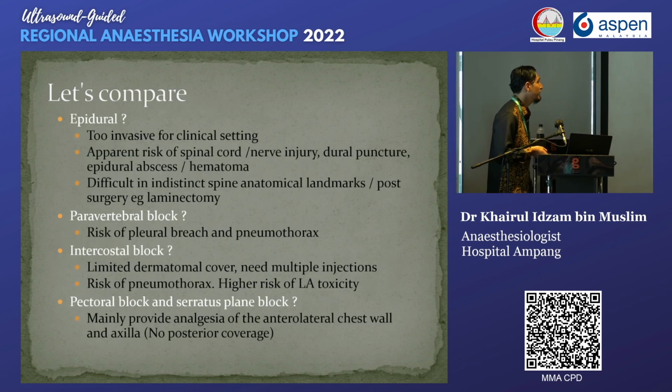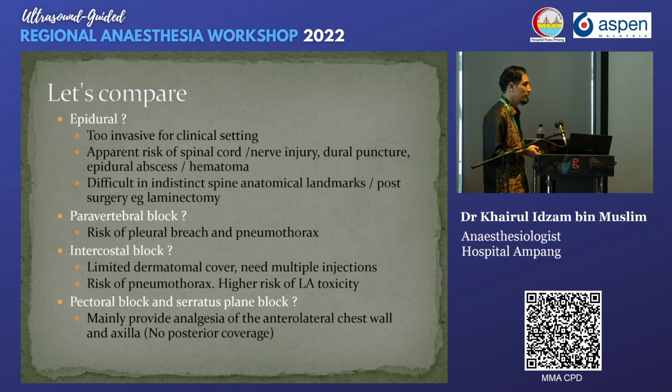So let's compare. Epidural is too invasive for this clinical setting, with apparent risk of spinal cord nerve injury, dural puncture, epidural abscess, and hematoma. Quite difficult. What about paravertebral block? Risk of pleural breach and pneumothorax, and the common side effect of paravertebral block is block failure.